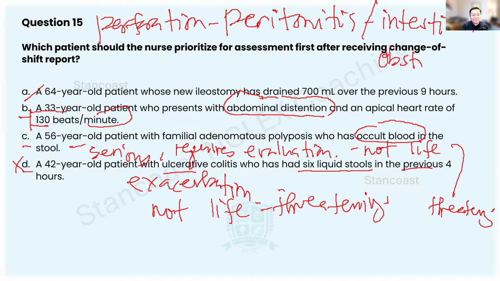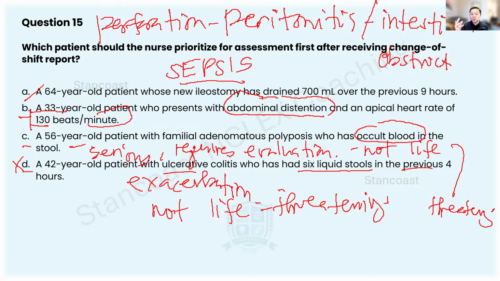This is life-threatening to our patient because when there is peritonitis, our patient can develop sepsis. Okay? Remember about sepsis, it can cause the release of those chemical mediators, those substances that can cause widespread vasodilation.